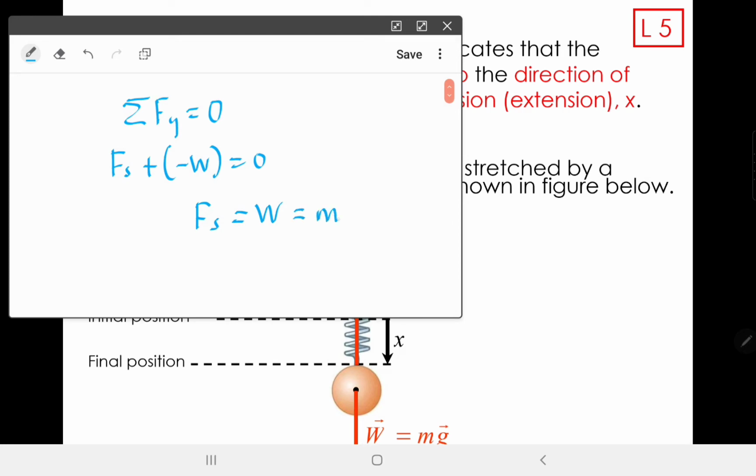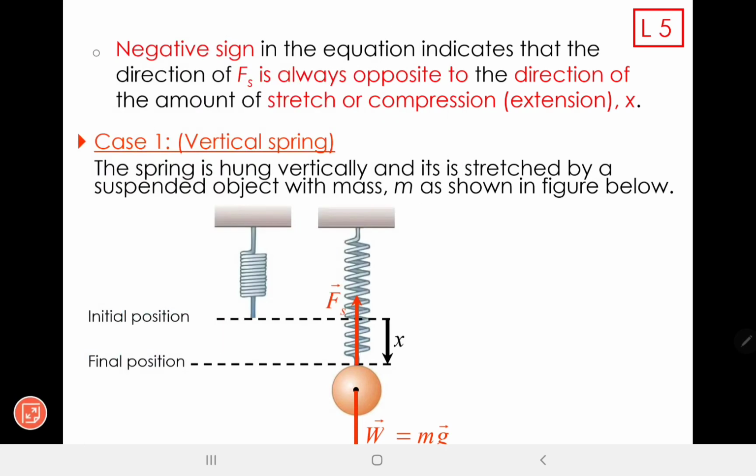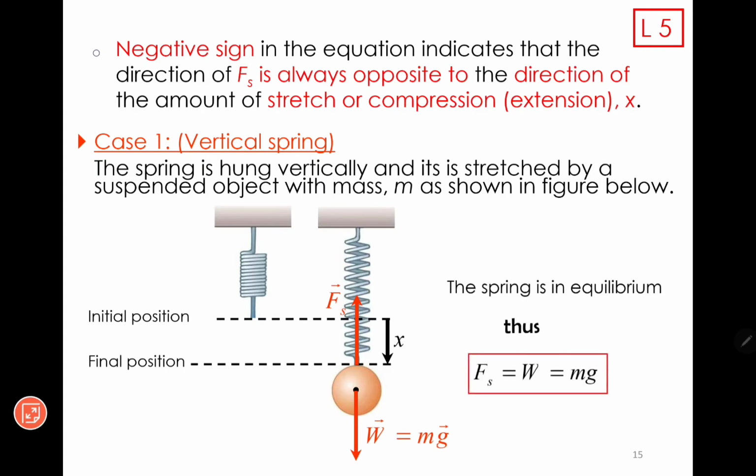W equals mg, which is the weight, isn't it? So the equation we get is Fs equals W, which equals mg. You may refer to this video using this link. I think you will understand it very well by watching the video.